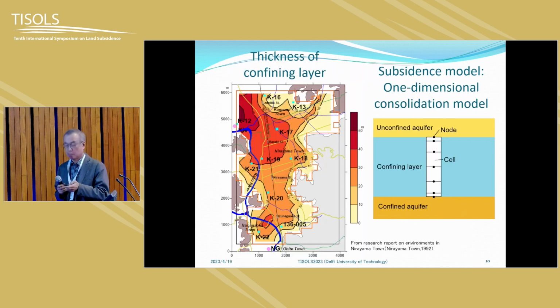And this figure shows thickness distribution of confining layer created based on well logs. Maximum reached 40 meters. And subsidence is calculated using a one-dimensional consolidation model of the confining layer.